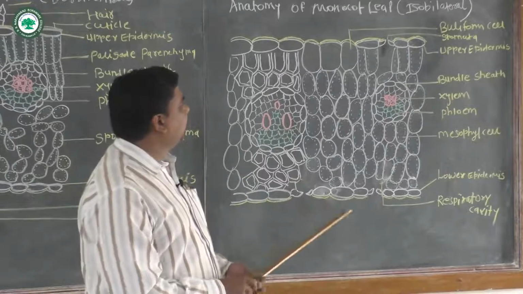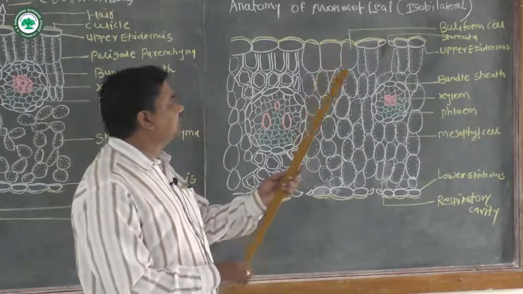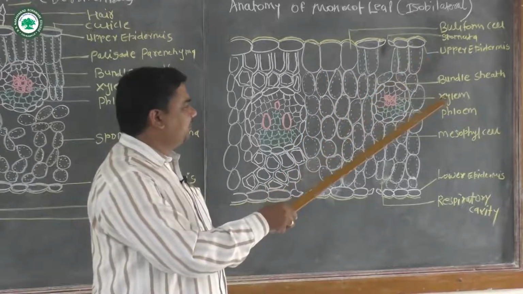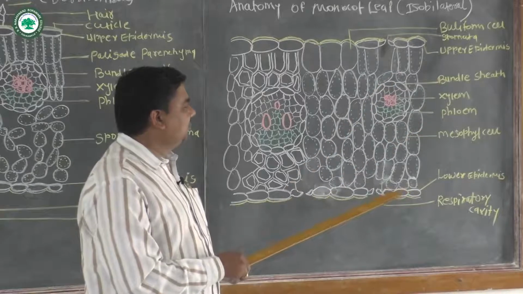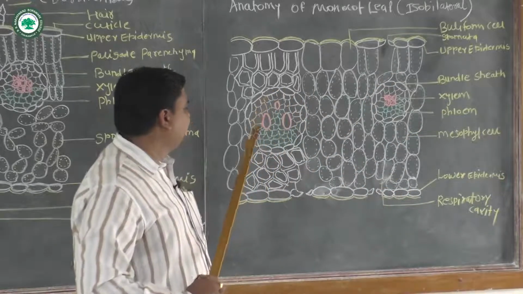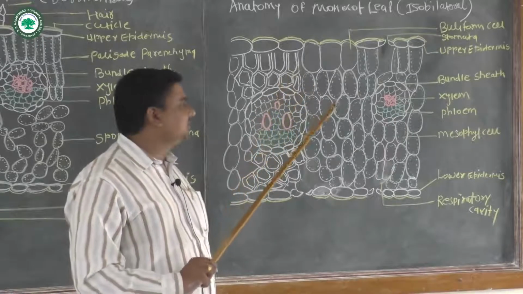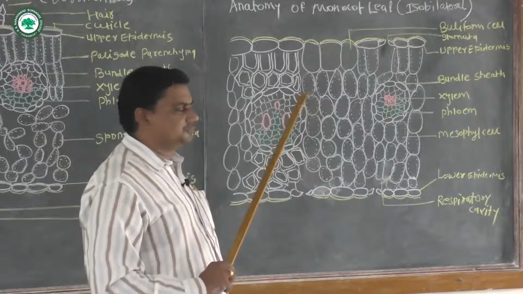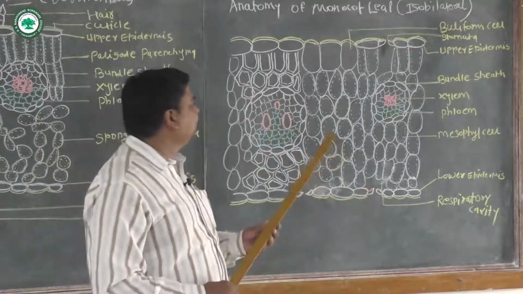So this is the monocot leaf, the isobilateral leaf, consisting of the upper epidermis, mesophyll cells, and the lower epidermis, and the vascular bundle. The vascular bundle is larger in size in the mid region as compared to the other mesophyll region.